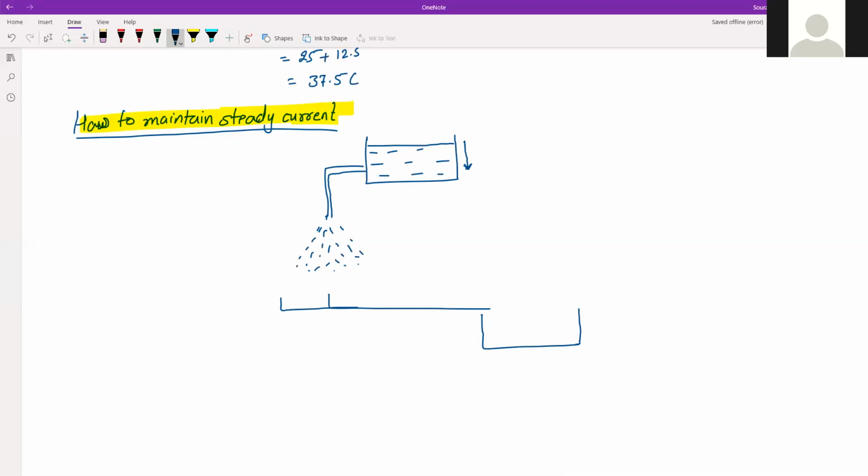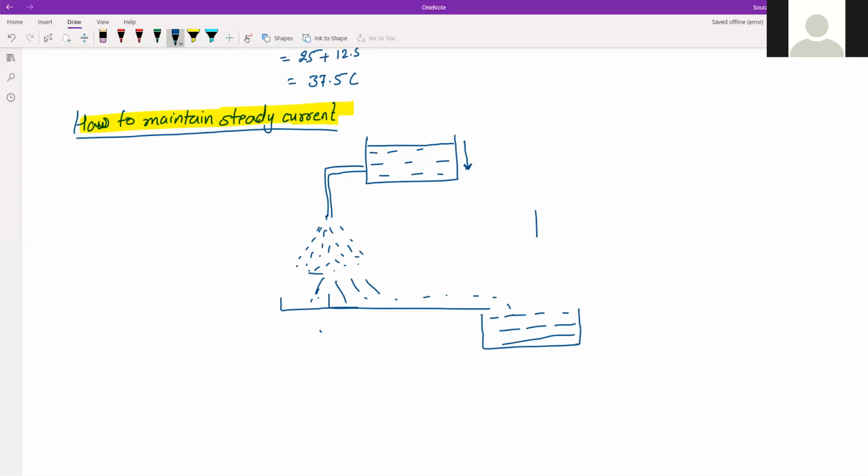So in order to make the flow of water continuous or steady, we have to do something. The water which is getting collected here, instead of wasting it, we try to come up with a closed path where this water is collected, and after getting collected here, it reaches this tank.